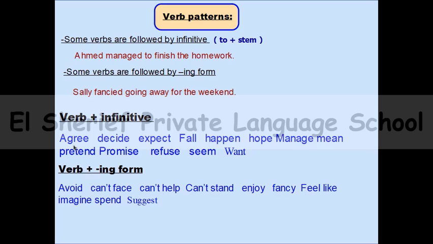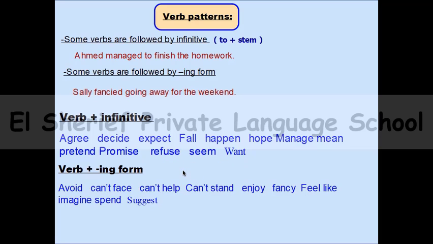We can say that some examples of verbs followed by infinitive are: agree, decide, expect, fail, happen, hope, manage, mean, pretend, promise, refuse, seem, and want.